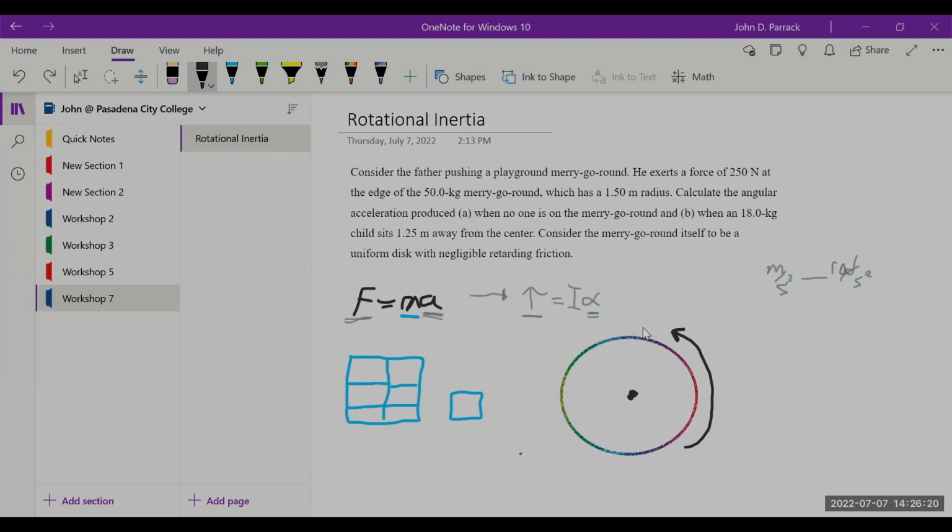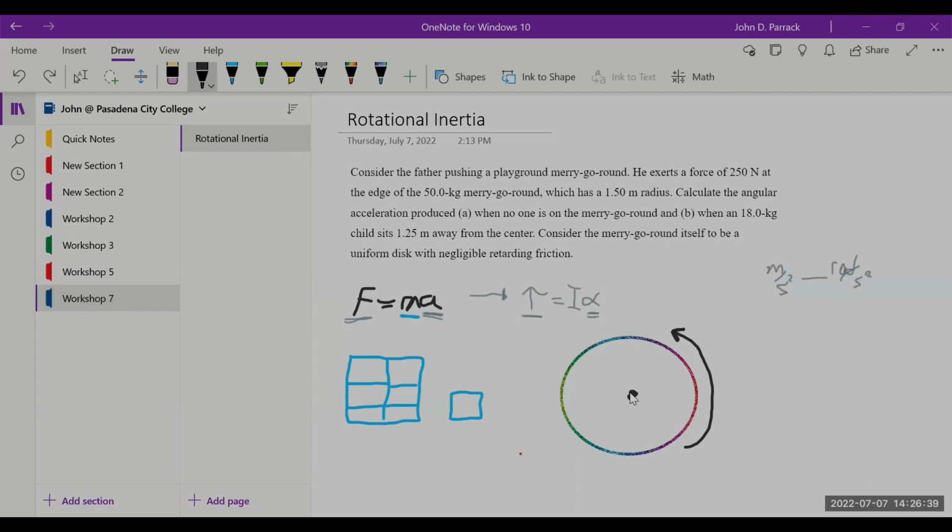It's not free to move through space except in rotation. So if we put a force on the merry-go-round, we have to do this force from a distance, some distance from the central axis.